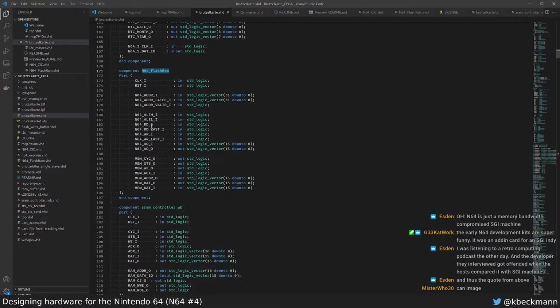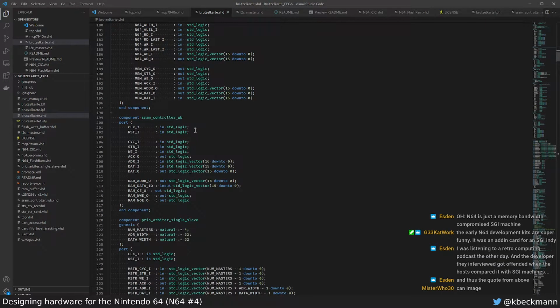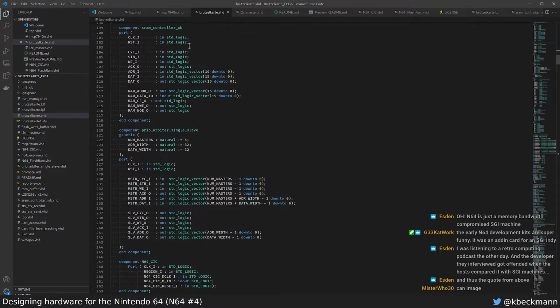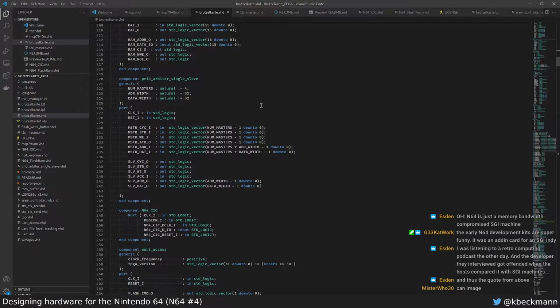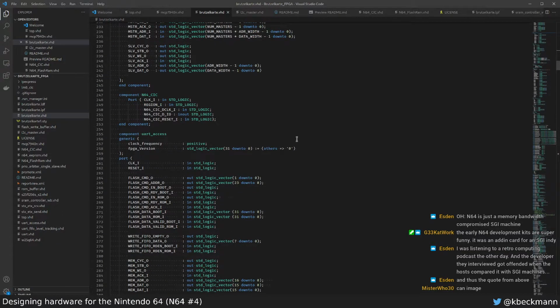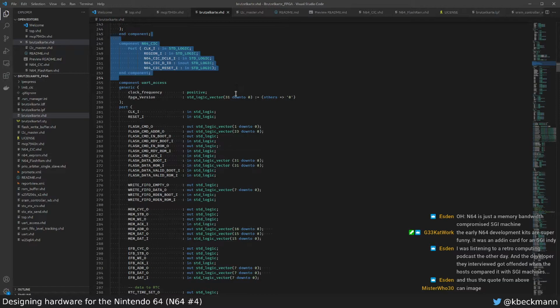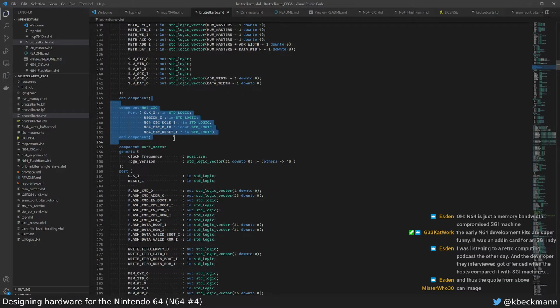So here we have the bus address or the bus IOs defined. Yeah, let's keep that in mind. Some SRAM. Yeah, okay, and here we have the CIC stuff. So that's interesting as well.